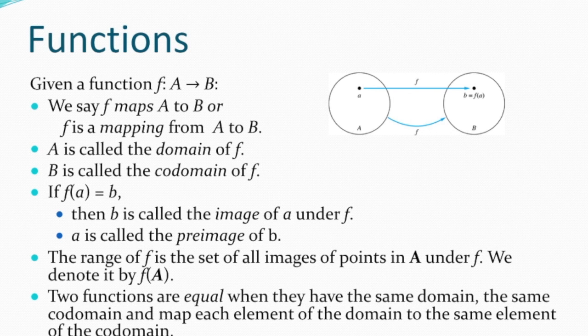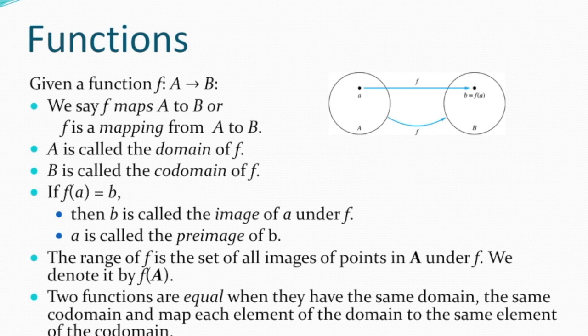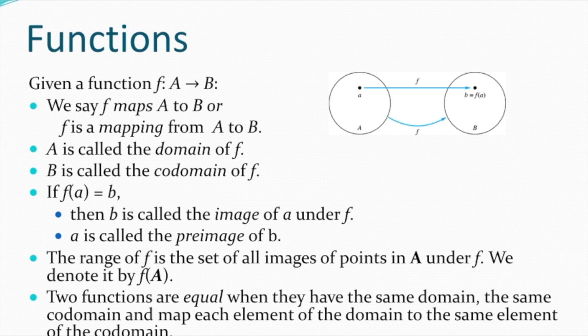So A is the domain of the function, B is the codomain of the function. You can think about it as a computer scientist: A is basically the input you pass to a computer or a Python function, and B is the output you get from passing the elements and returning the result by the Python function.